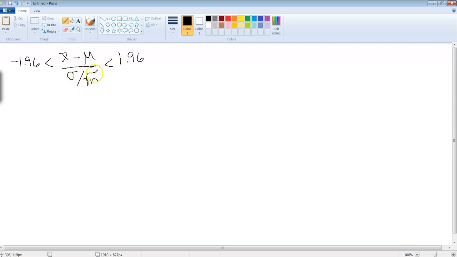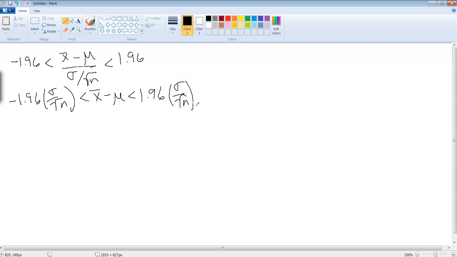So the first thing I'm going to do is multiply left, right, and center by sigma over the square root of n. So in the middle, that cancels that out, and on the left, it's negative 1.96 times sigma over the square root of n less than x bar minus mu less than, and we're multiplying sigma over the square root of n over here as well, 1.96 times sigma over the square root of n.